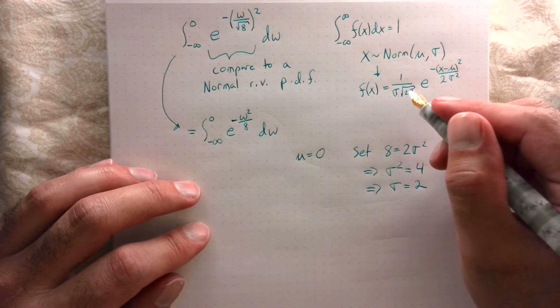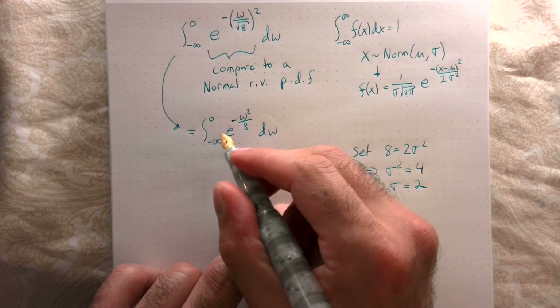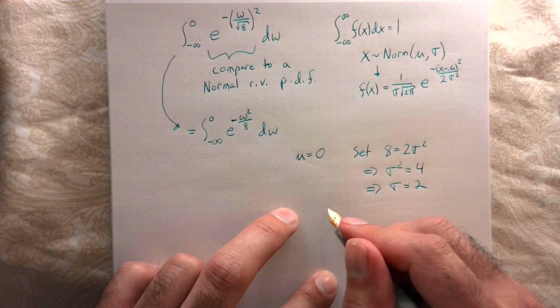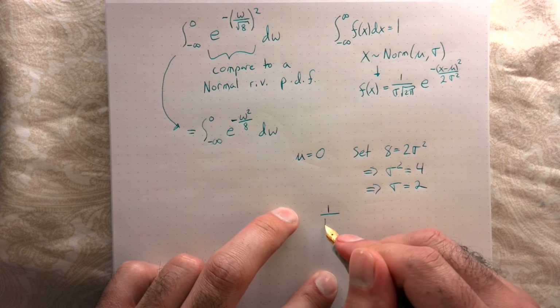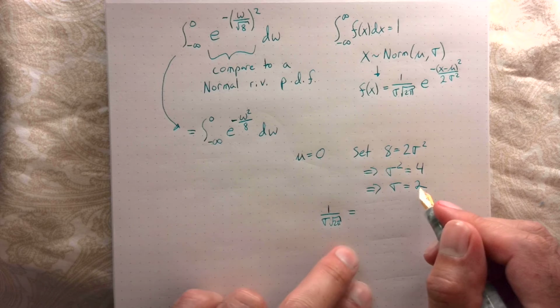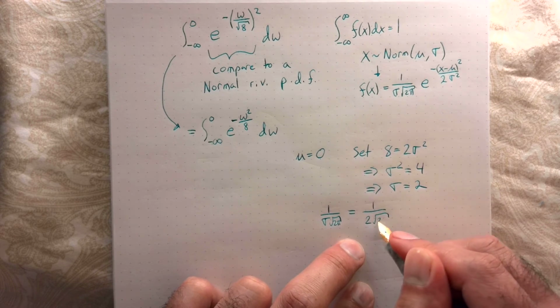Now what is the expression that we need to add here? We need to add this because we need this to be a density function. In our case, 1 over sigma times the square root of 2 pi, and our sigma is 2, so this is 1 over 2 times the square root of 2 pi.